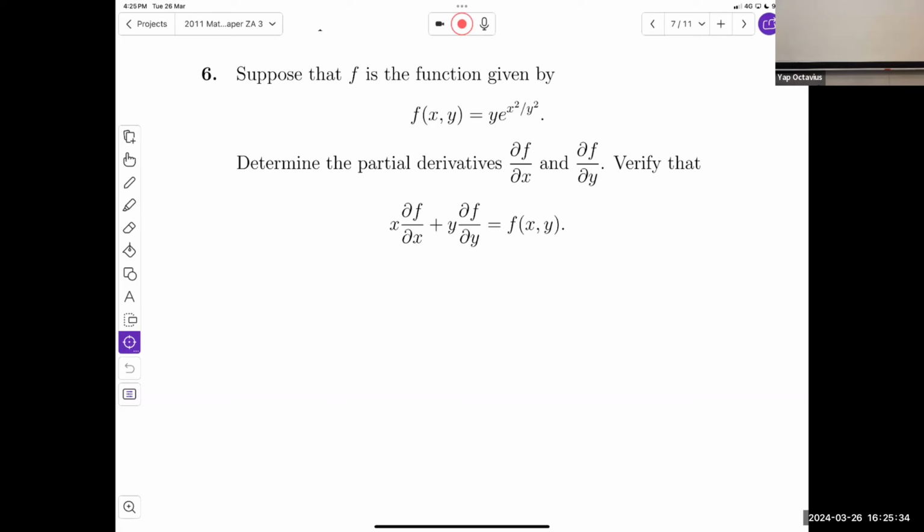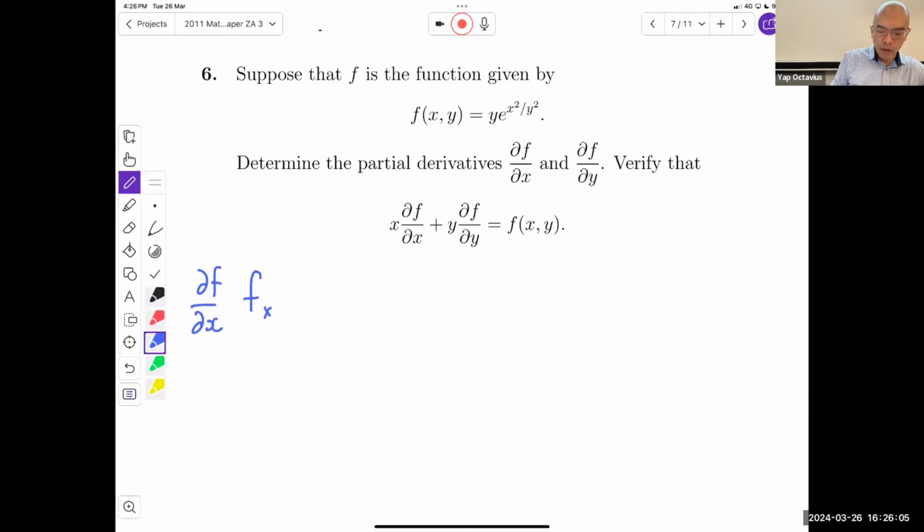Don't you remember the first time I taught you this, you treat some of them as a constant, right? Then who is constant, who is variable? Now I don't write all this because I suppose you know what to do. So let's differentiate with respect to x. This term is equivalent to this. I don't like to write this because it is very cumbersome, a lot of things to write.